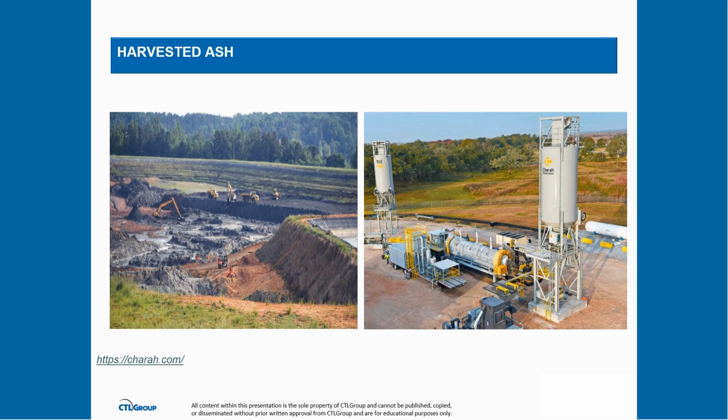In these two pictures, the one on the left shows the fly ash present in landfills, and they are taking it out and then processing it at the manufacturing facilities on the right side, to remove the excess moisture and also to make it suitable for use in concrete.